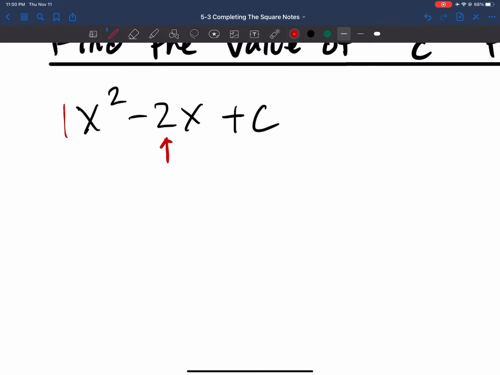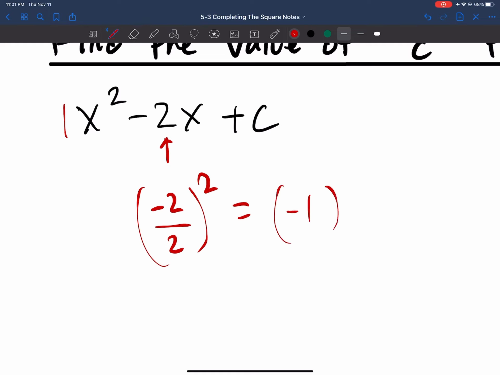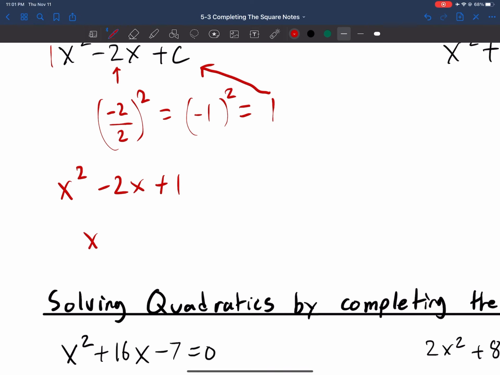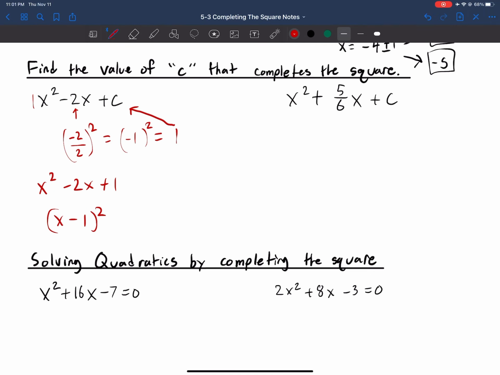We just take the middle term, negative 2, halve it, then square it. That's going to be negative 2 divided by 2 is negative 1. Negative 1 squared is positive 1. So what's the c value that's going to make this a perfect square trinomial? If c is 1, then x squared minus 2x plus 1 can be written as x minus 1, the whole thing squared. A perfect square trinomial.